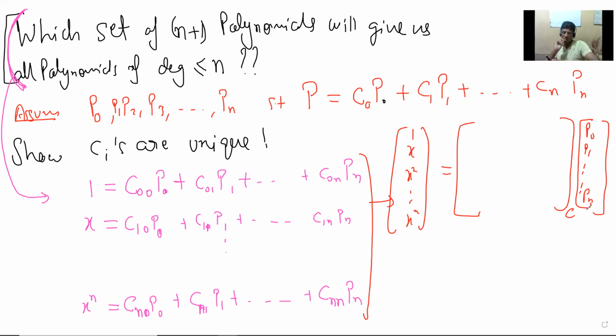This is the same question. And what I want to say from here is that this implies that this matrix C is invertible.